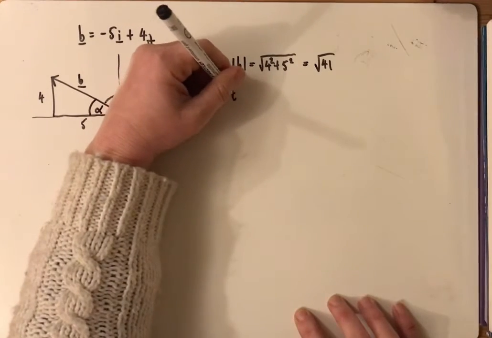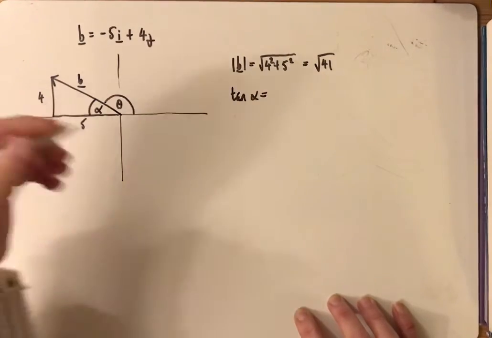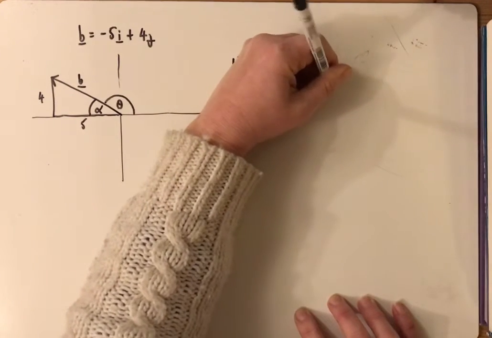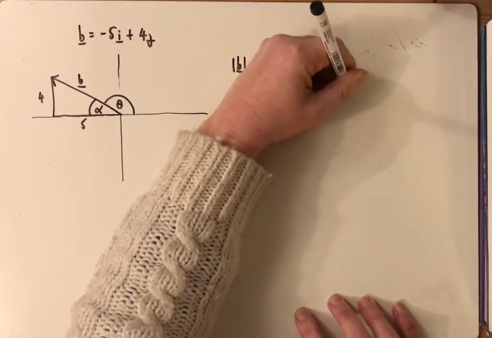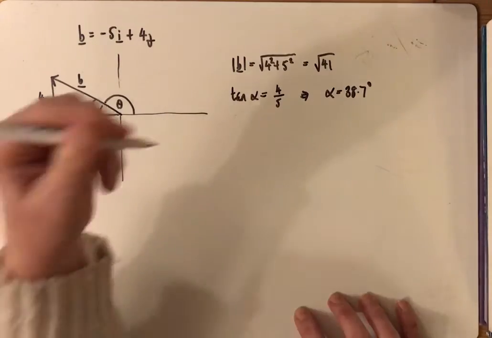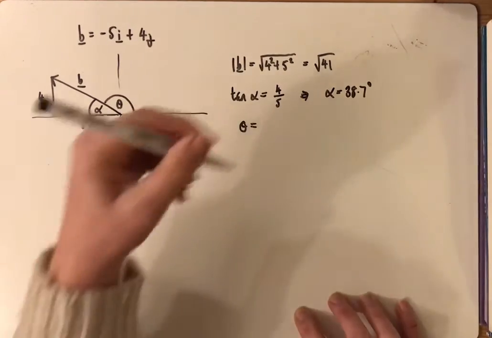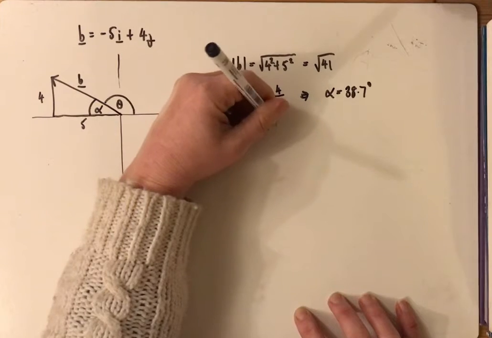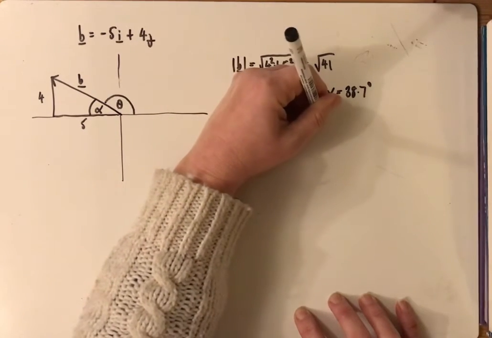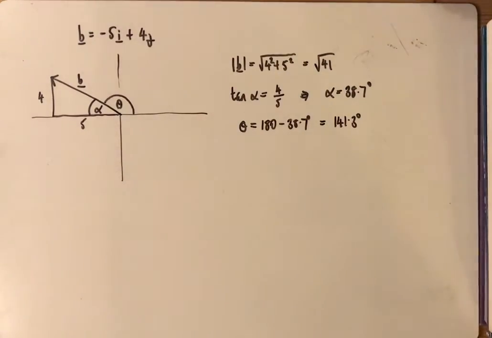So tan alpha is equal to opposite over adjacent. And that gives us alpha as being 38.7 degrees. And so theta is equal to 180 minus alpha, which is 141.3 degrees.